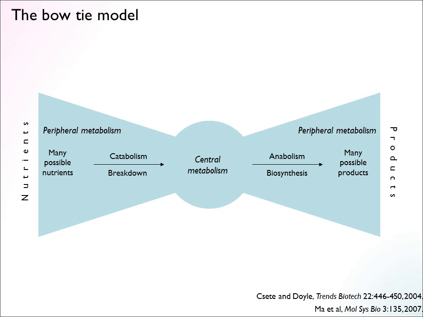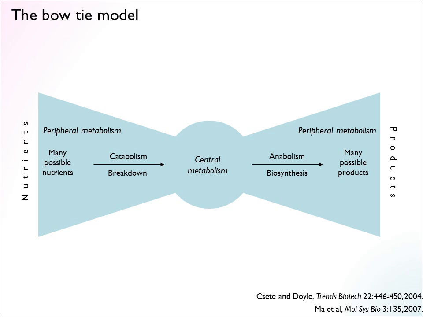evolution has done instead to organize cellular metabolism is to have something that looks kind of like a bow tie. The shape of this figure makes it obvious why it's called a bow tie. On the nutrient side, in peripheral metabolism, where you have lots of possible different molecules, you have specialized enzymes that gradually convert these, as the shape narrows, toward a few central molecules.